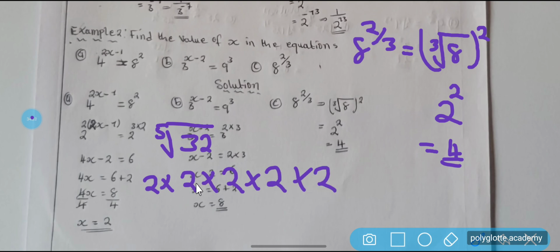Let's look at it. 2 times 2, 4. 4 times 2, 8. 8 times 2, 16. 16 times 2, 32. The answer is 2, because it is 2 that will multiply 5 times to give me 32. So that is what I try to explain here.